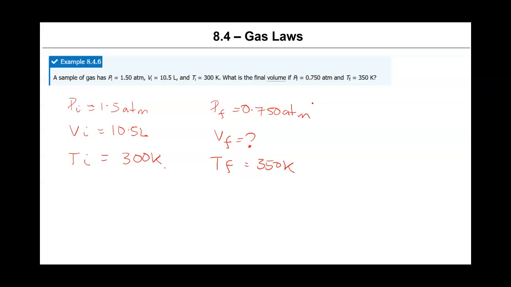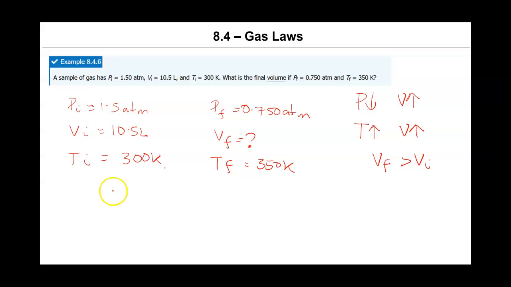So let's think about what's happened here. The pressure has gone down, which will make the volume go up. The temperature has gone up, and that will also make the volume go up. So the final volume, whatever it is, must be bigger than our initial volume of 10.5 liters.